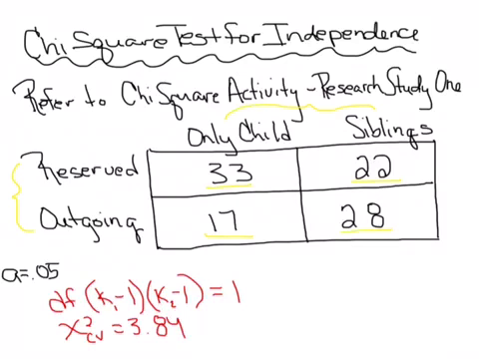Now, we're going to need to get our expected frequencies to be able to complete our chi-square. So if you recall, we're going to need to get our row marginals and column marginals to be able to complete that. So we're going to move to the next slide so we can have some room to do that.